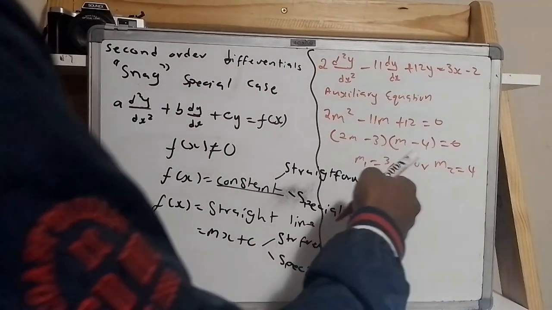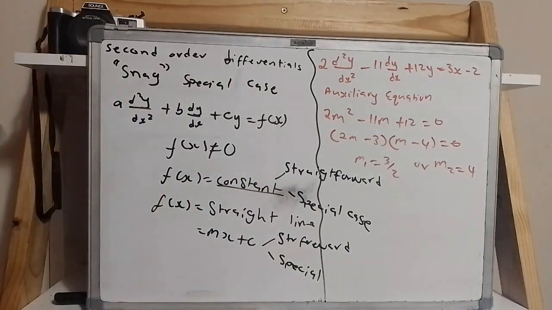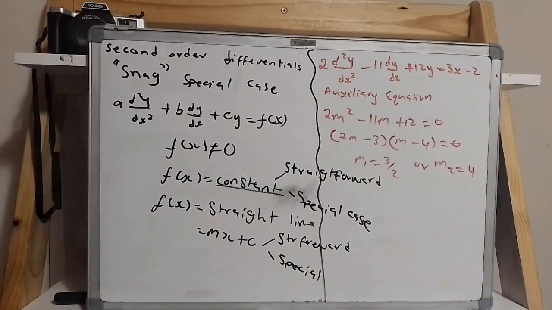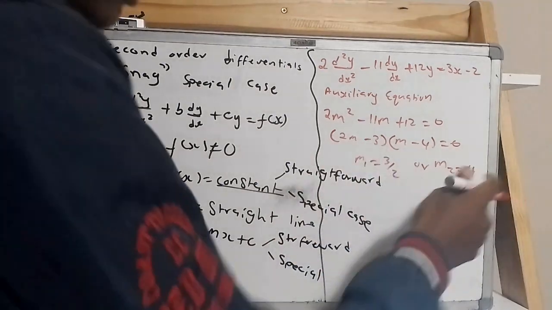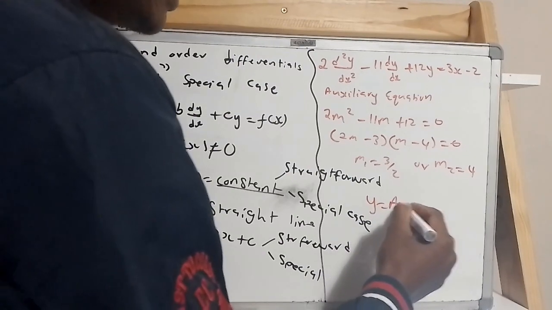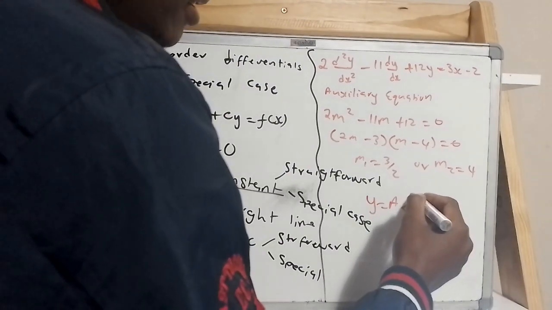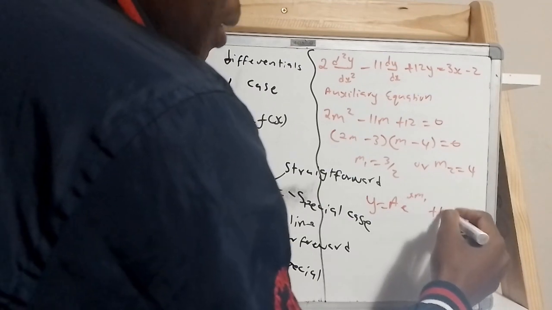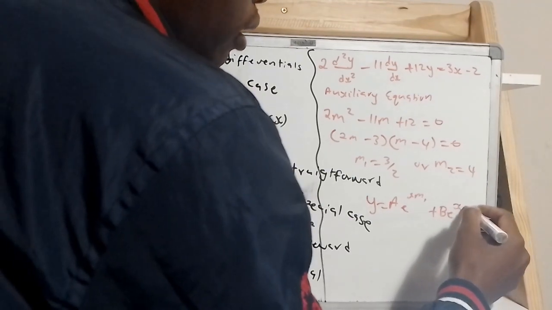This is where b squared minus 4ac is greater than 0. It will give you real and distinct values. So in this case, you are going to use y is equal to a e to the power m1 x plus b e to the power m2 x.